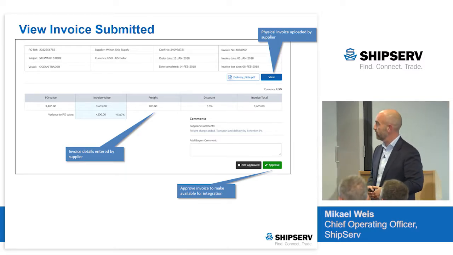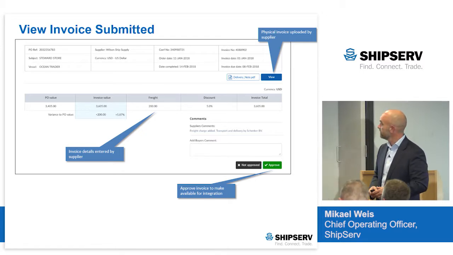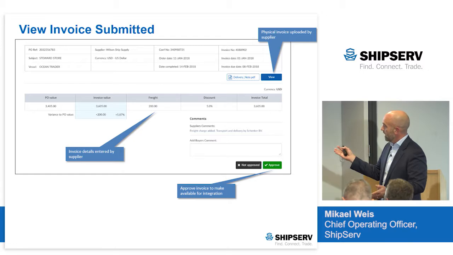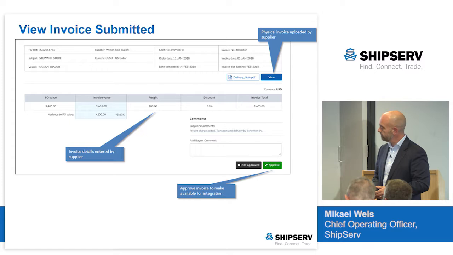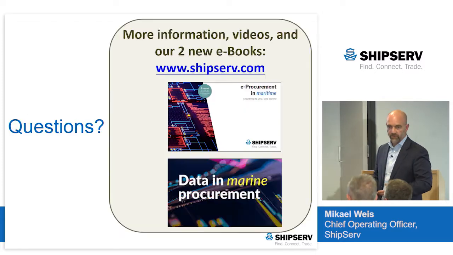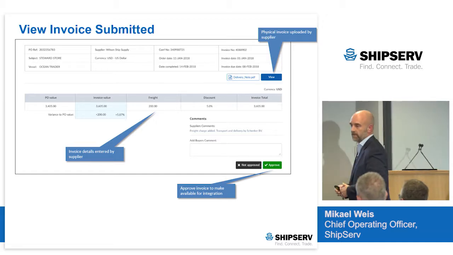In this case, the freight cost is the deviation from the original PO value. And when they're happy with that, they can add a comment, which can then go back into the system. They will approve the invoice, and that's it.